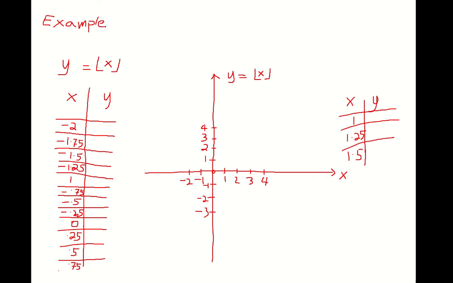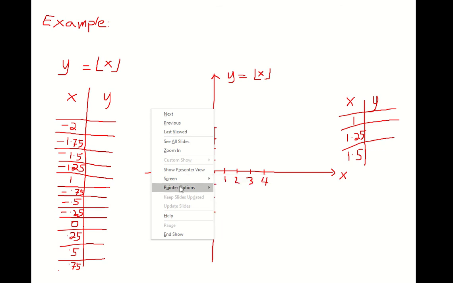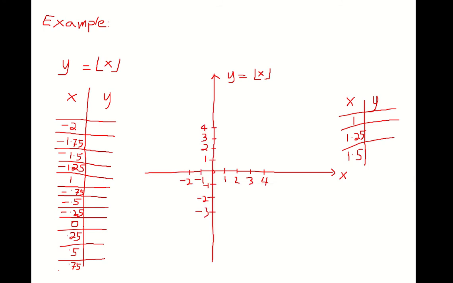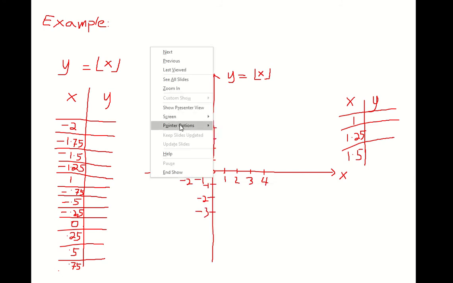So we have here values for x, and let us apply the concept of the greatest integer function. We have to round down to the nearest greatest integer. For example, we have here negative 2. The greatest integer function of negative 2 is also negative 2.